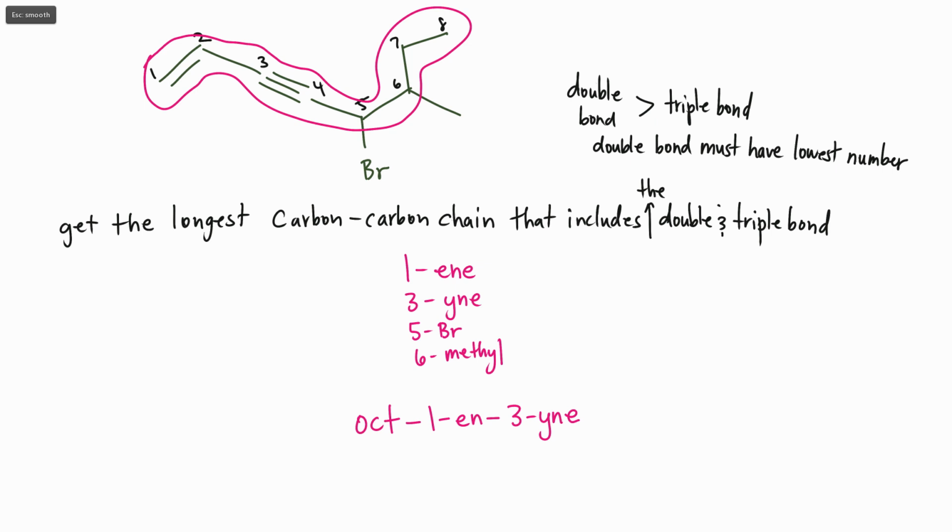So the YNE comes last when we have a triple and a double bond. And on carbon 5, I have bromo, so 5-bromo. And on carbon 6, I have 6-methyl.